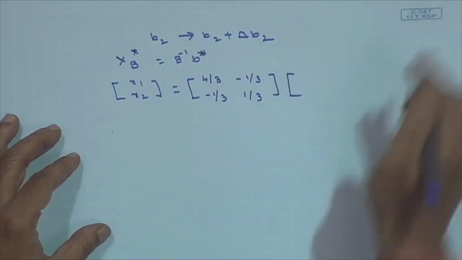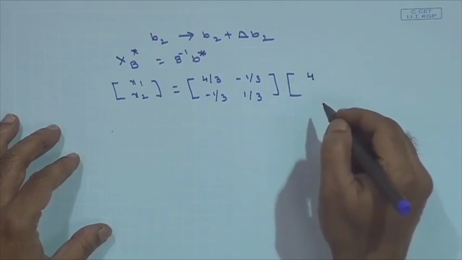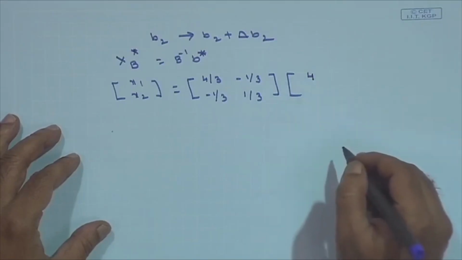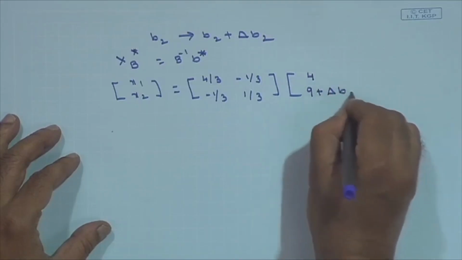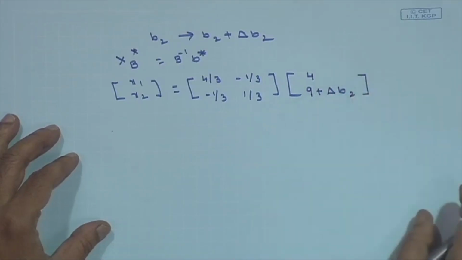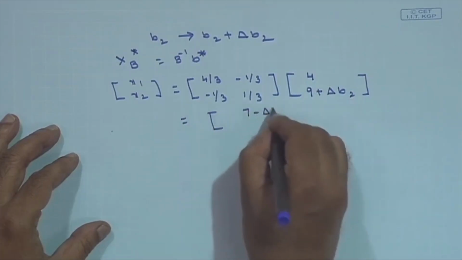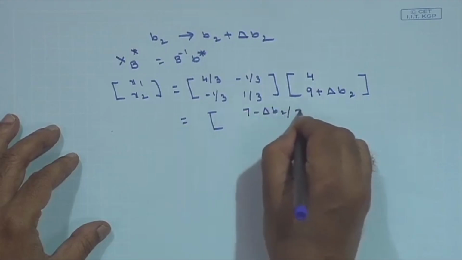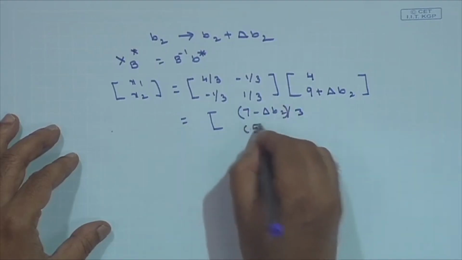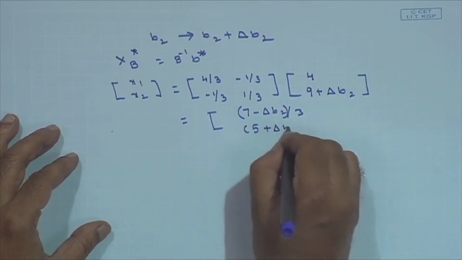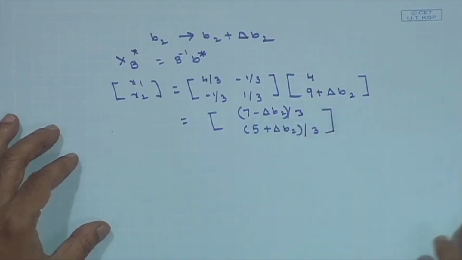Here, for the earlier case, the original value of resource 1 is 4, whereas the original value of resource 2 is 9, and there is an increment of delta B2. So, you will get this value equal to 7 minus delta B2 divided by 3, and the next one will be 5 plus delta B2 divided by 3. So, we are getting this.